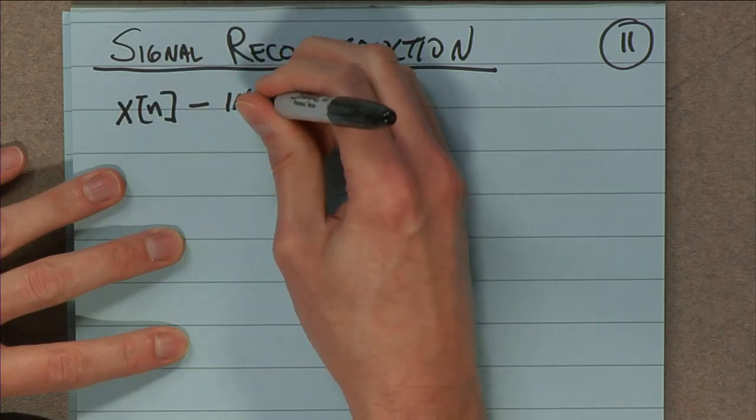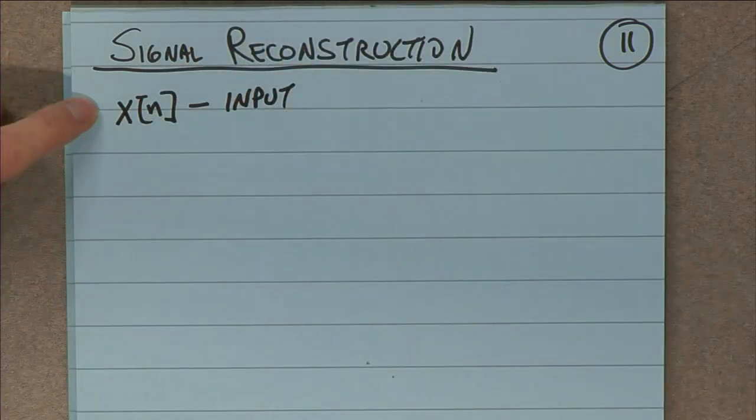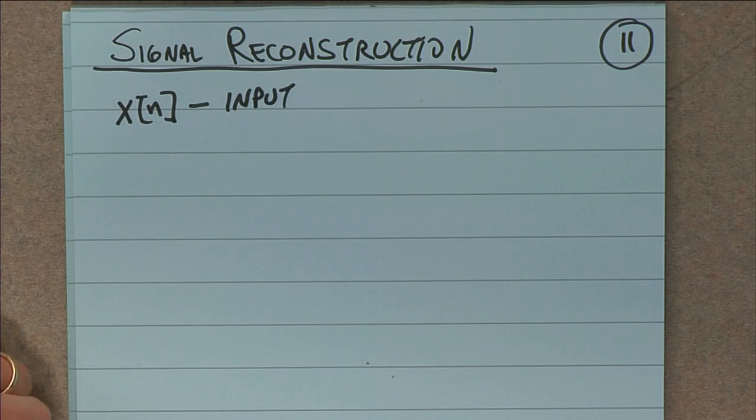That's our input. Before, some x_c(t) was our input. It was some continuous time signal, and then we did some kind of sampling. But now we're going to go in reverse. We're going to start in discrete time and convert it to a sampled signal in continuous time, and then filter it to remove all those spectral copies and reconstruct, just like we did in the simple example with the cosine.